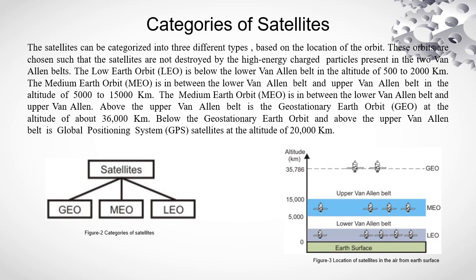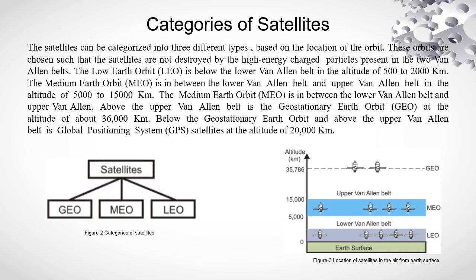The medium Earth orbit is between the lower Van Allen belt and the upper Van Allen belt, at an altitude of 5000 to 15,000 kilometers.